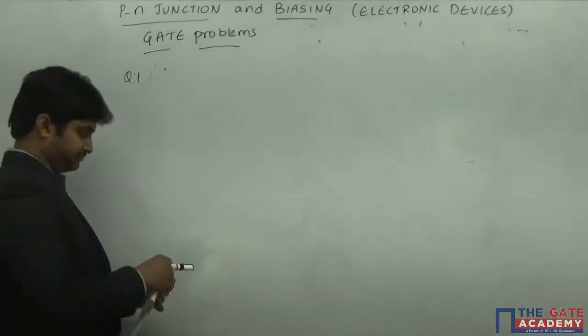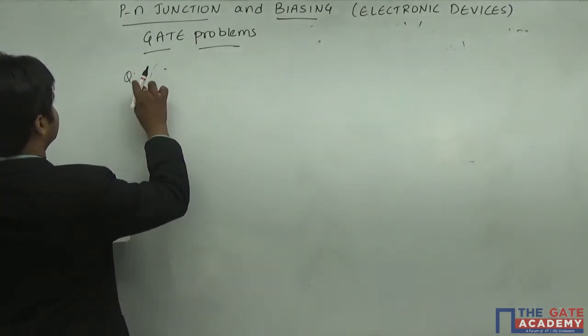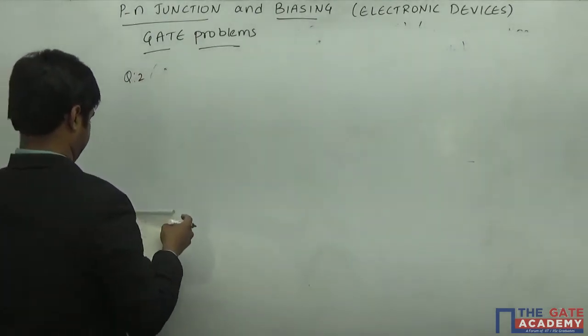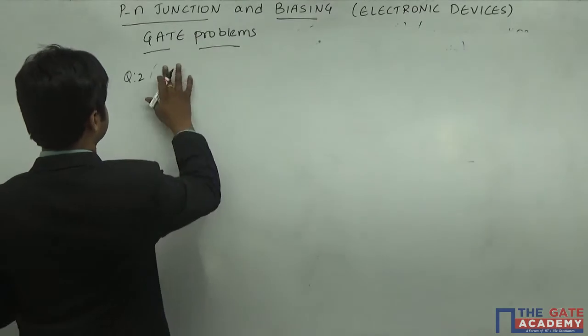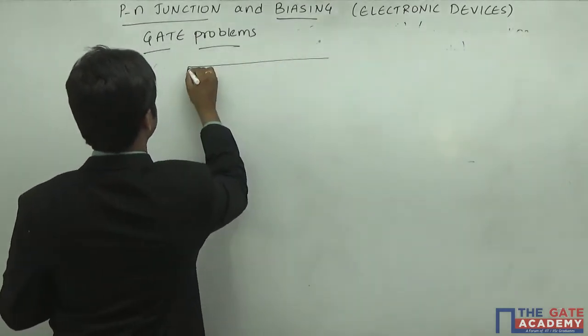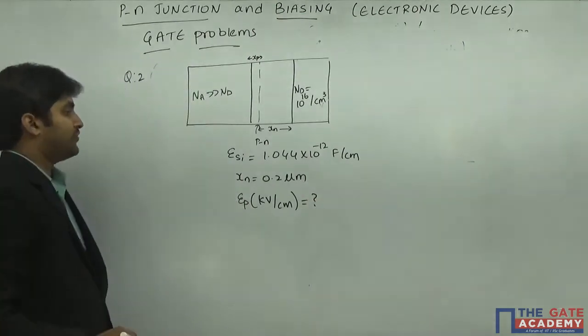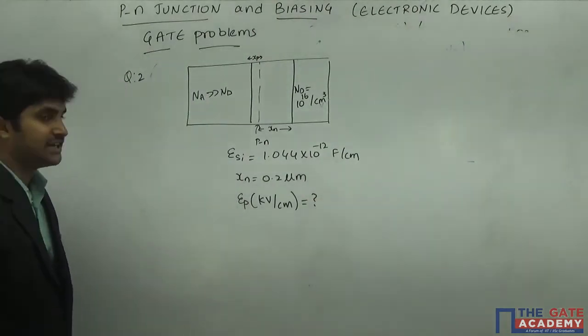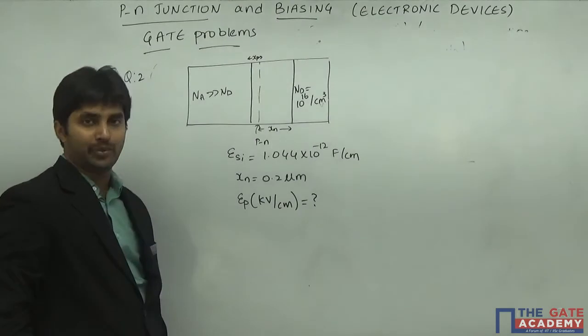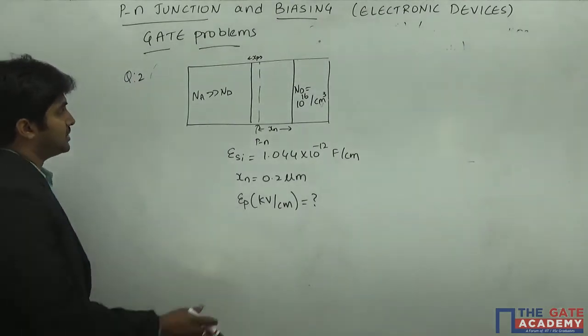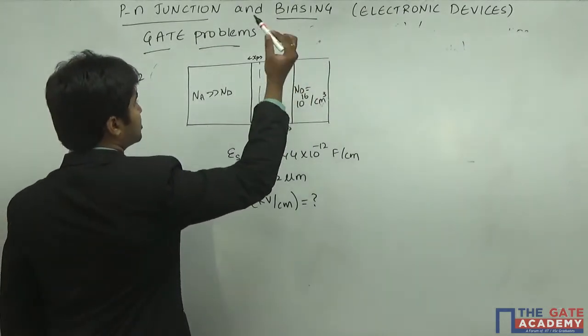Let's see the next problem. Question number 2. We have to find the value of the peak electric field. What is given here? The doping concentration of the N region is given.